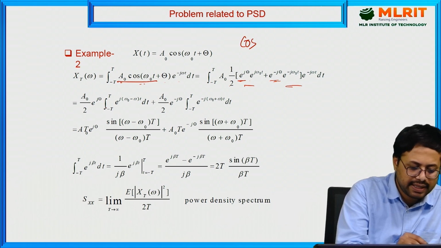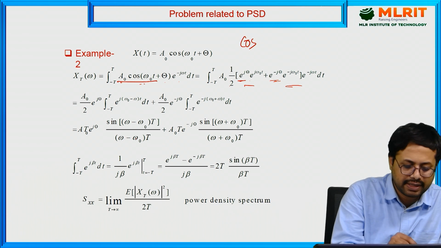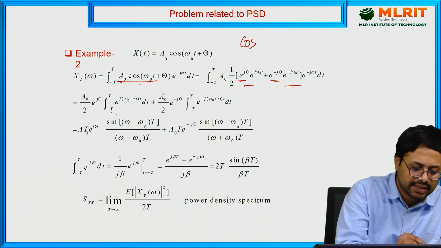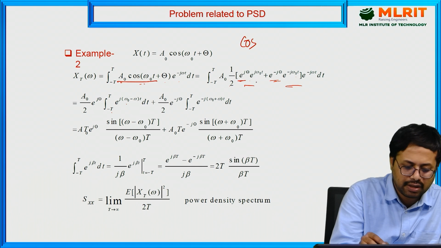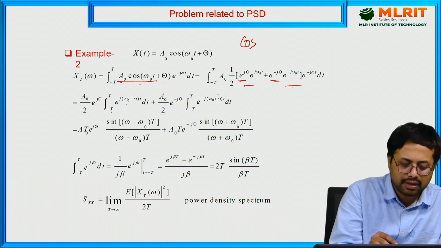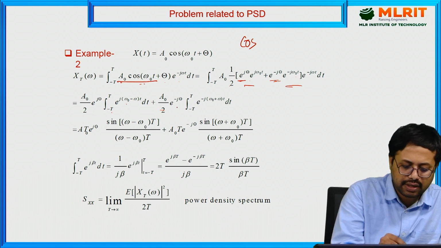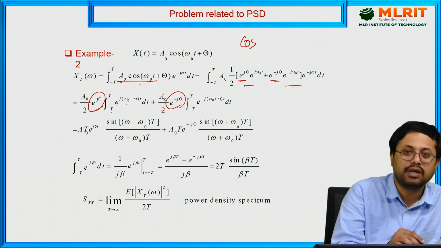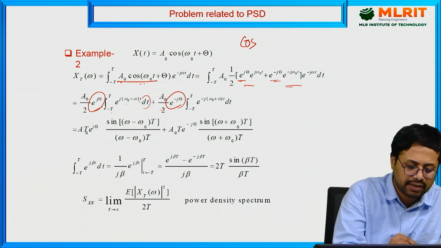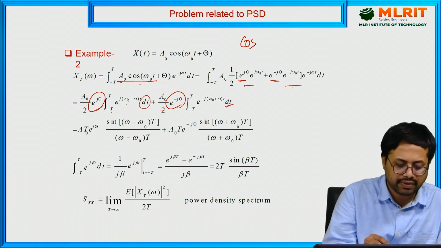E power j theta is a constant, so take it outside the integral, leaving the integral from minus T to T of e power j of omega naught minus omega t dt, taken only in terms of t.